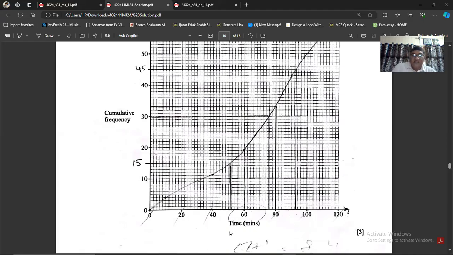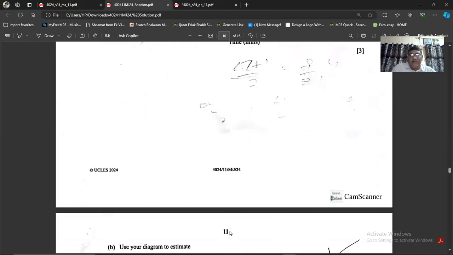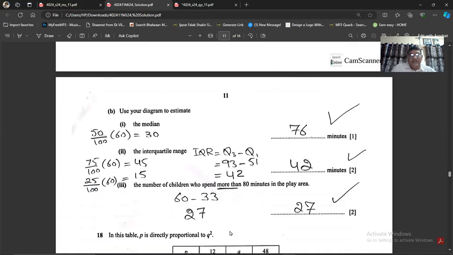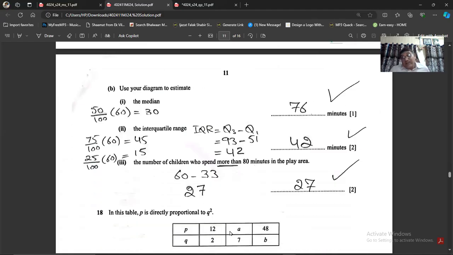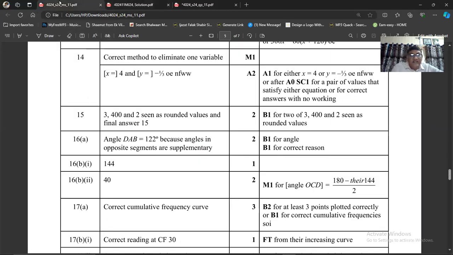Yeah, so 93 when I noted it actually, 93 minus 51, that's 42. So the interquartile range is Q3 minus Q1, that is 93 minus 51, that is 42. I hope you have drawn these and you can easily find these.